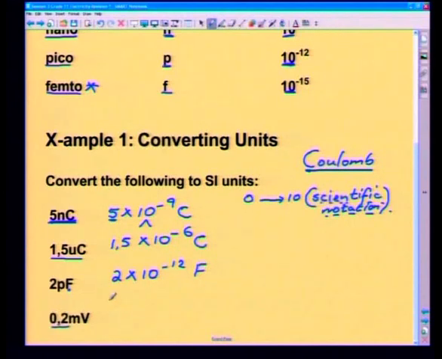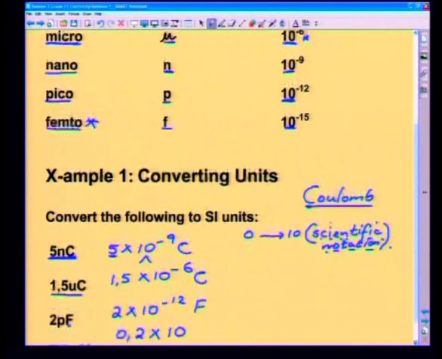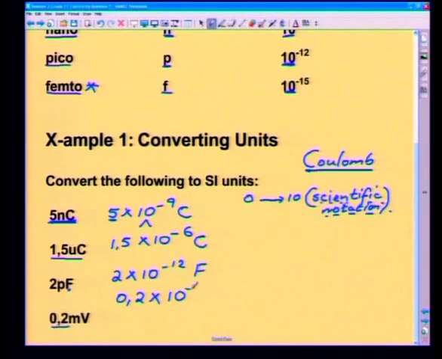So what we'll do is say, okay, this is 0.2 times 10 to the power milli. You can go back to your table. Milli is 10 to the power minus 3, and therefore this will be 10 to the minus 3 volts. Now we have a bit of a problem here because we also want to honor the rule of scientific notation. So we would want this to be written as 2, so we're moving our comma to the right.